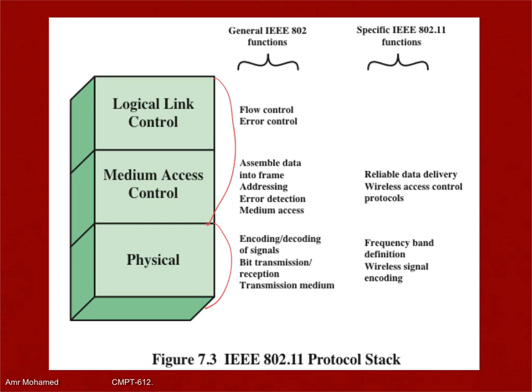If you remember, logical link control provides flow control and error control, especially for people who went through network 2. They studied this in more detail. The MAC layer, of course, provides multi-access. This is the most important functionality of the MAC layer. Also addressing and error detection and so on. The physical layer provides the encoding, the decoding, and so on.